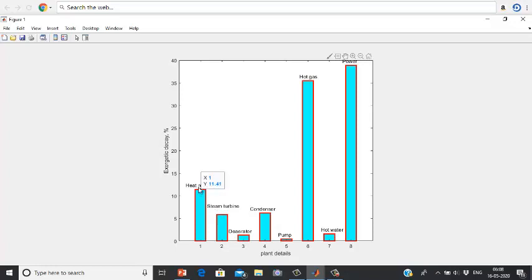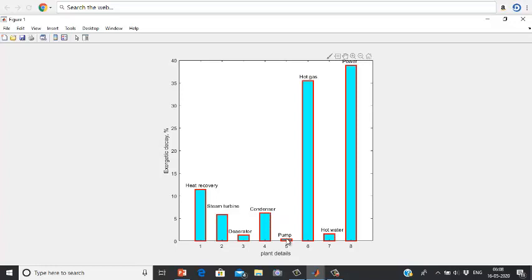It shows 11.41% exergy loss in heat recovery, 5.827% in the steam turbine, and the deaerator is small, 1.298%. The condenser is medium, 6.199%.